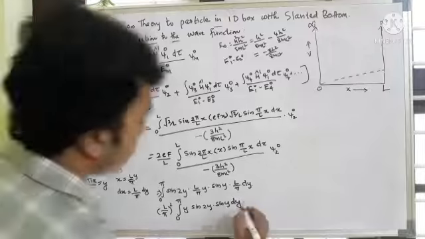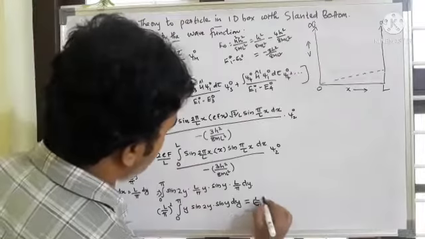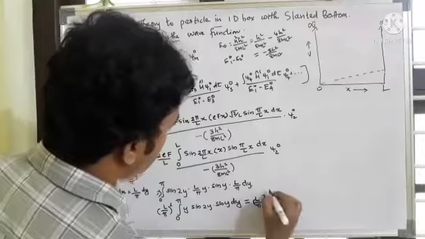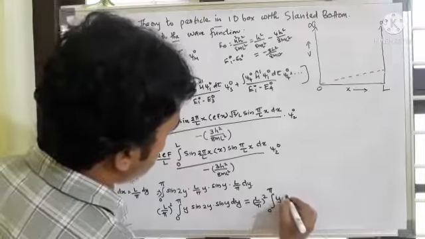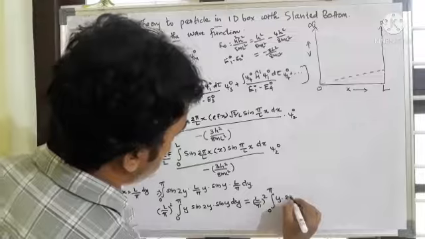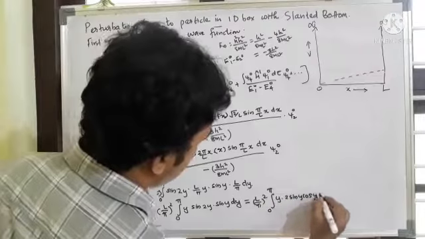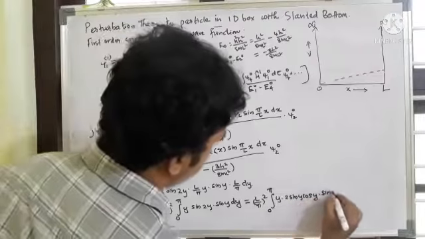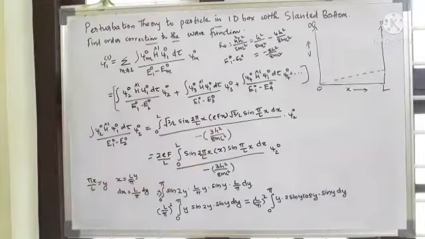So in place of sin 2y we write L by pi all square, integral 0 to pi y, 2 sin y cos y into sin y dy.